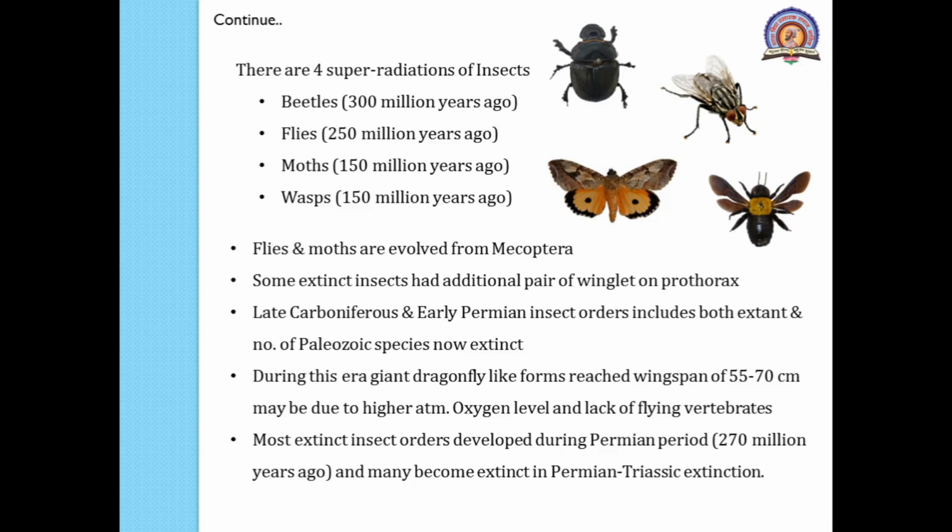The late Carboniferous and early Permian insect orders include both extant groups and a number of Paleozoic species, which have now become extinct.